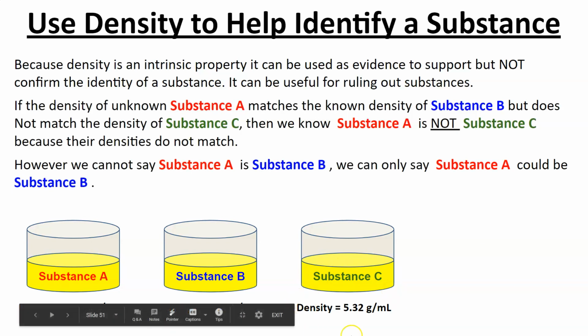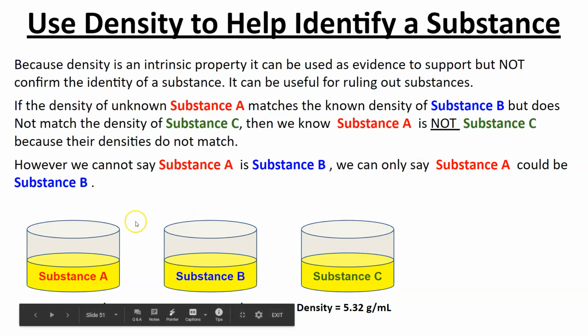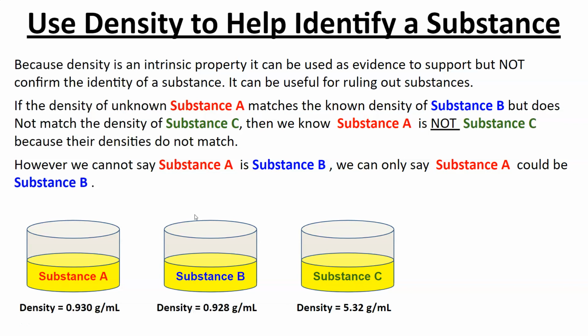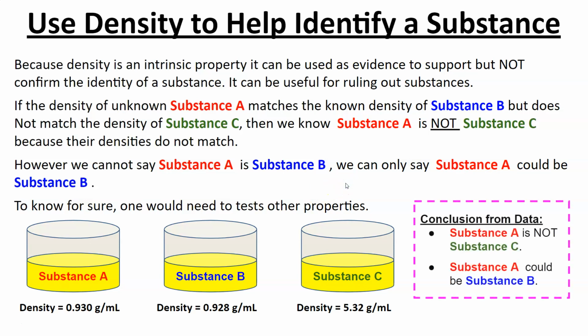So now it doesn't match that for C. Looking at these densities, we can say that substance A is not substance C. We can say that substance A could be substance B, but we can't say it's definitely substance B. So really, what we can use density for is ruling things out and using it as partial evidence to identify a substance. To know for sure whether A and B are the same thing, you would have to test other properties.